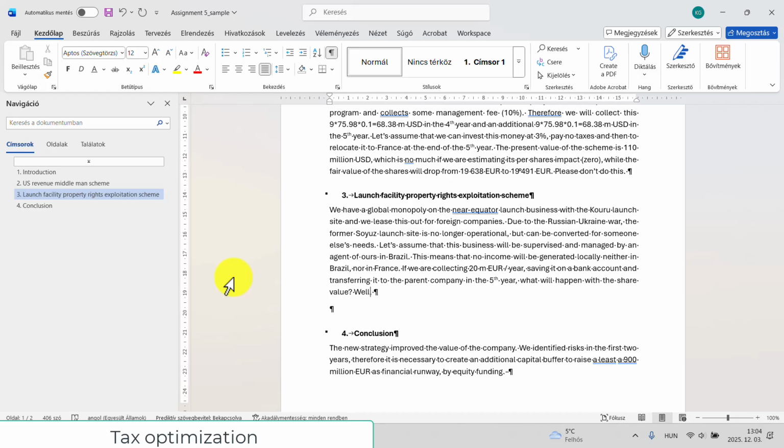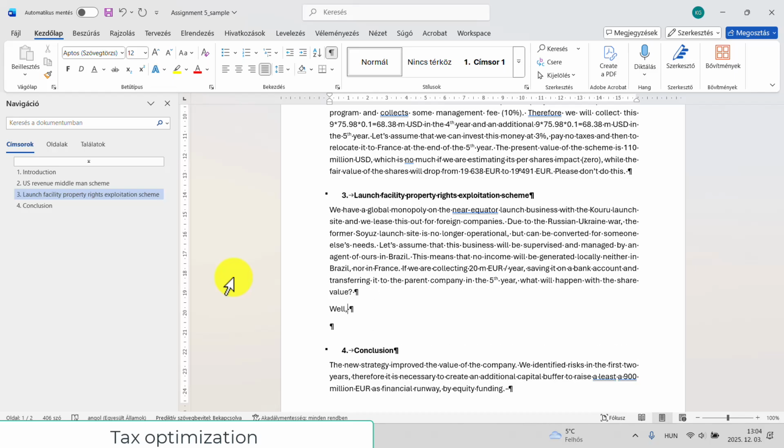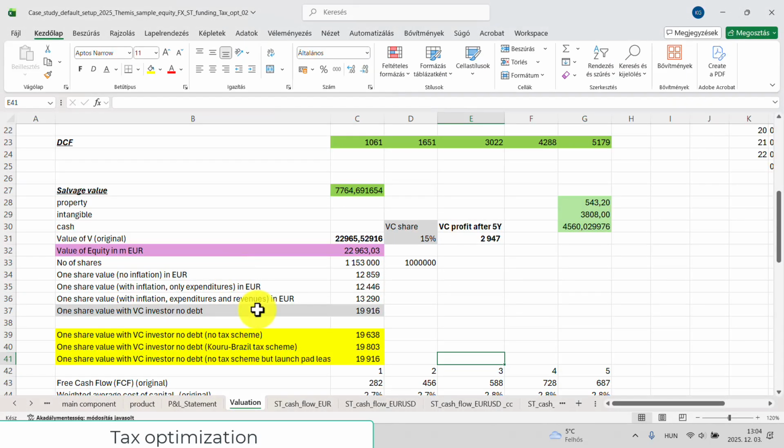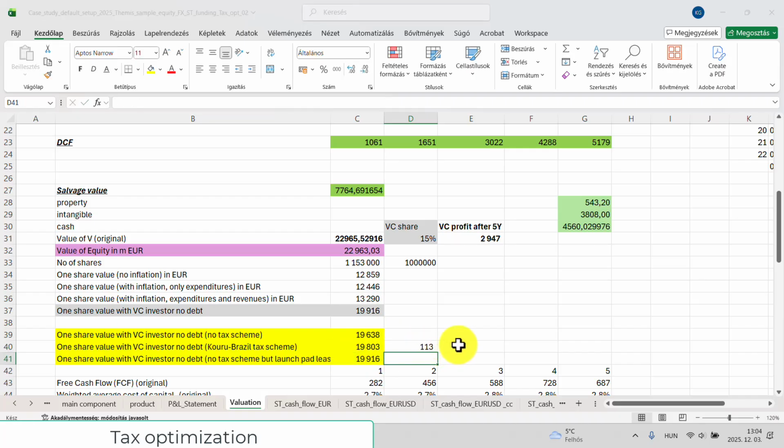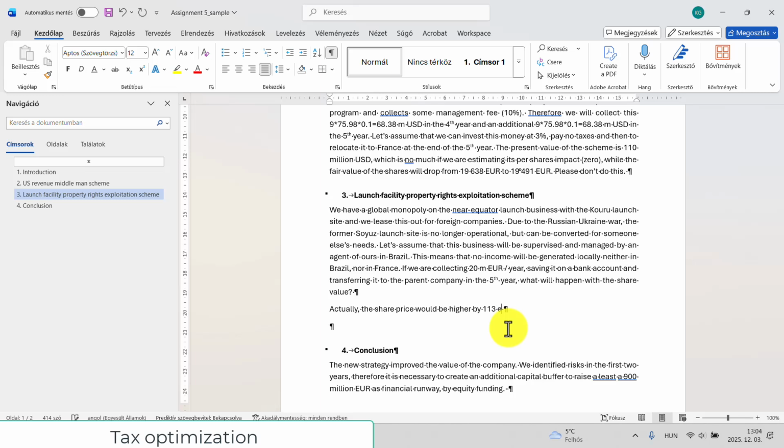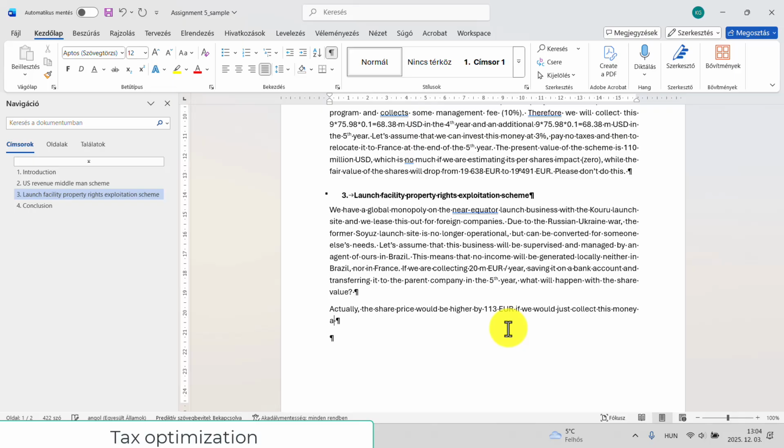So, well, the share price actually would be higher if we would just take it as a revenue.